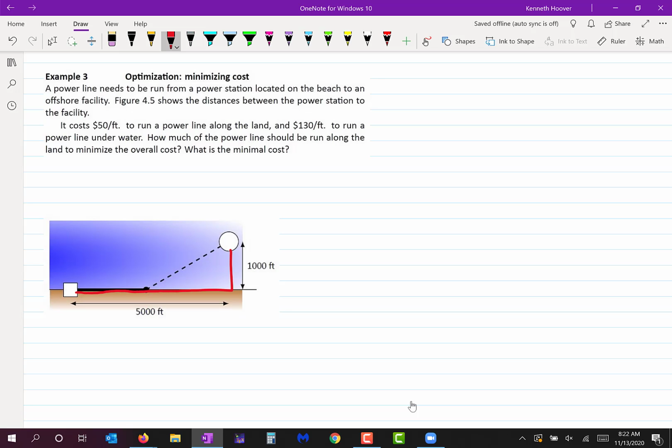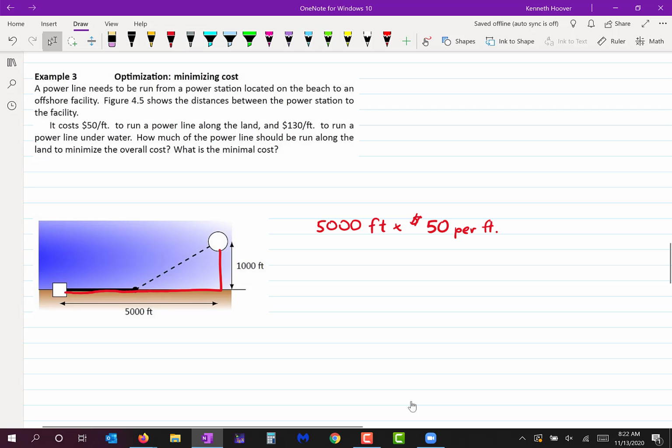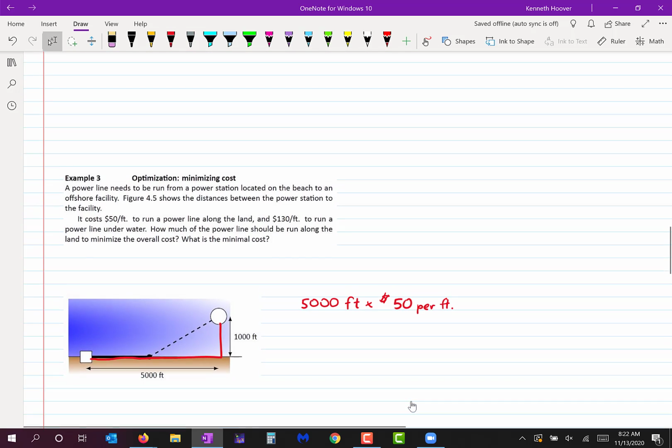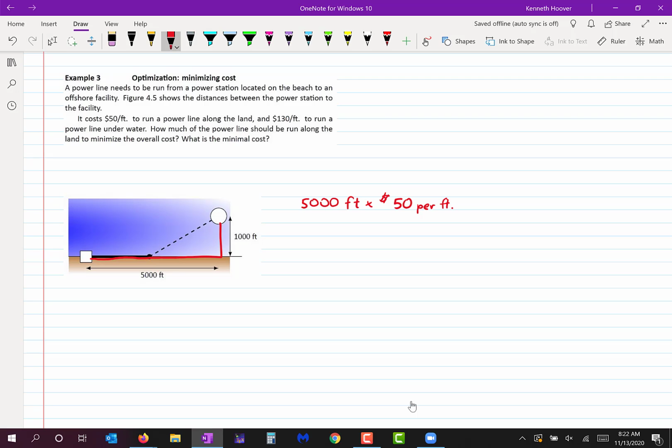That would cost them 5,000 feet times $50 per foot, plus 1,000 feet times $130 per foot.